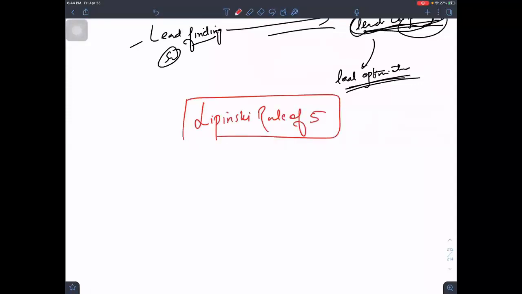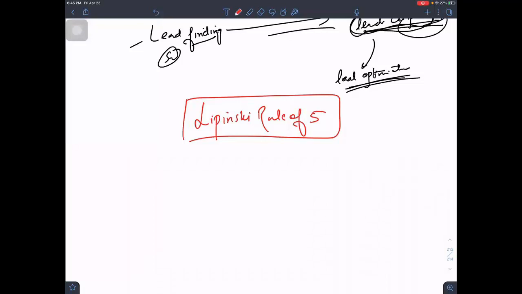Lipinski rule of five states that if you want to call a molecule a drug, you should satisfy these five. It's not actually five points, it's five.